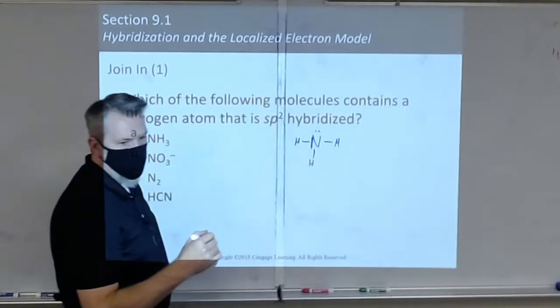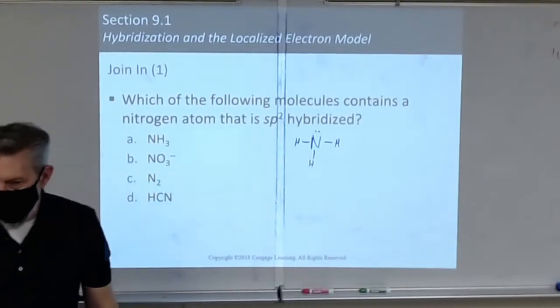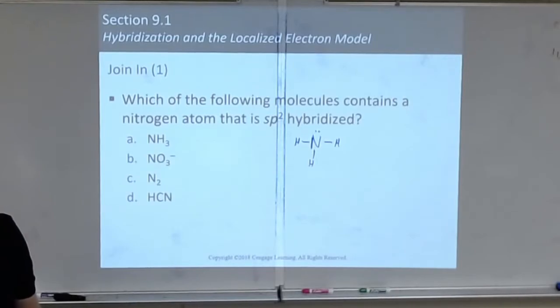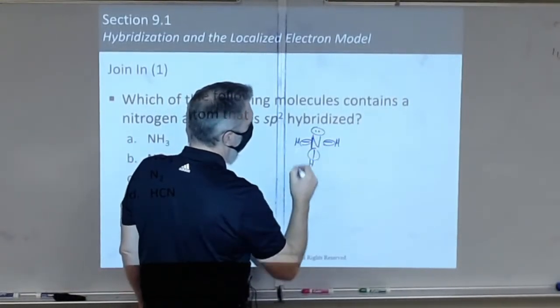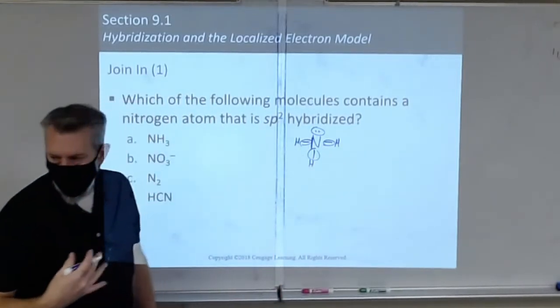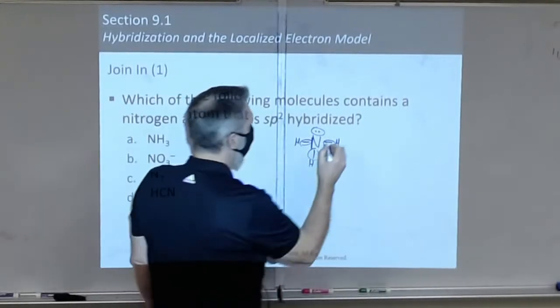Okay. What's the hybridization on the nitrogen in this one? sp3. I have 1, 2, 3, 4 equivalent pairs, regions of electron density. This is going to be sp3 hybridized.